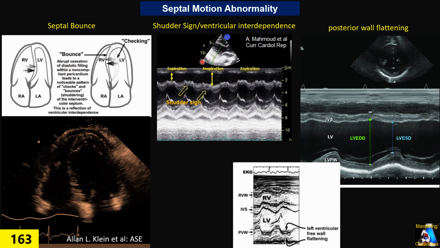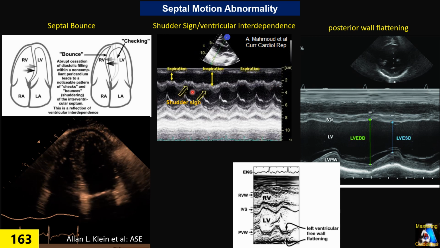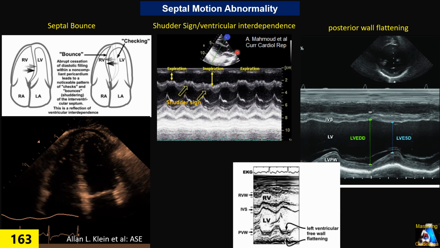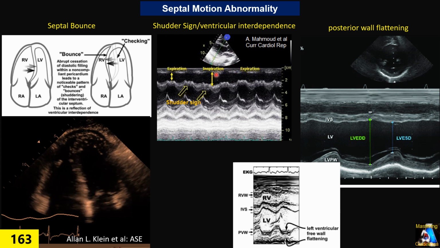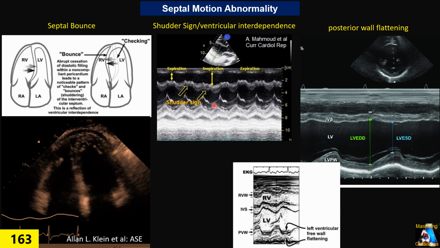Another finding on 2D is respiratory variation of the septum movement and diameter of the RV and LV. As you know, we usually have the normal situation during inspiration and expiration. The volume input to the RV and LV are different.